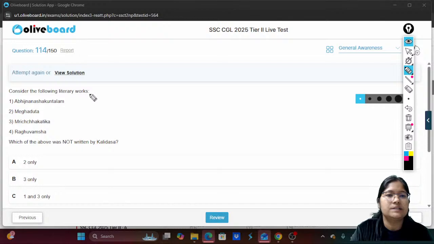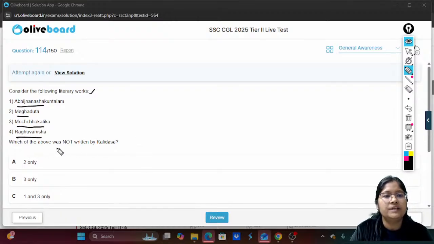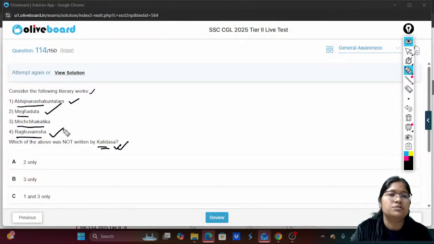Consider the following literary works: Abhijnan Shakuntalam, Meghdoot, Mrichchhakatika, and Raghuvamsha. Which of these was not written by Kalidas? So Kalidas has written Abhijnan Shakuntalam, Meghdoot, and Raghuvamsha.